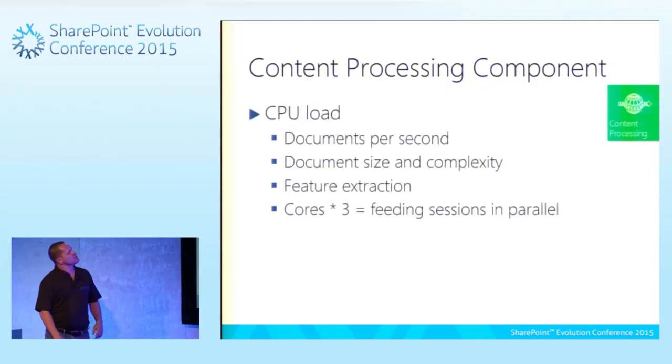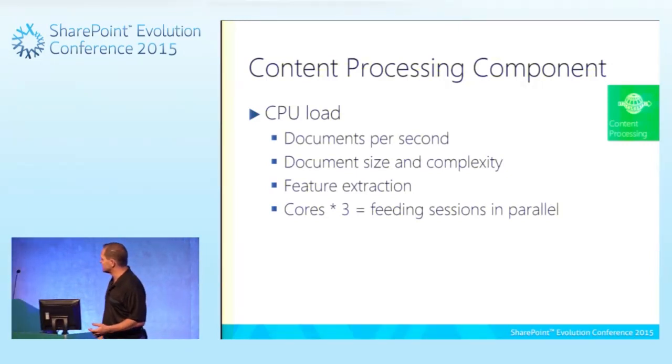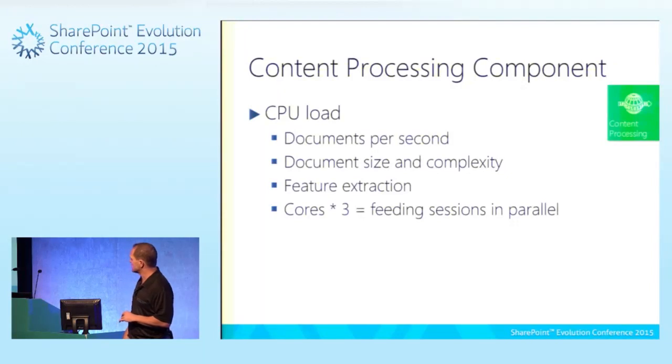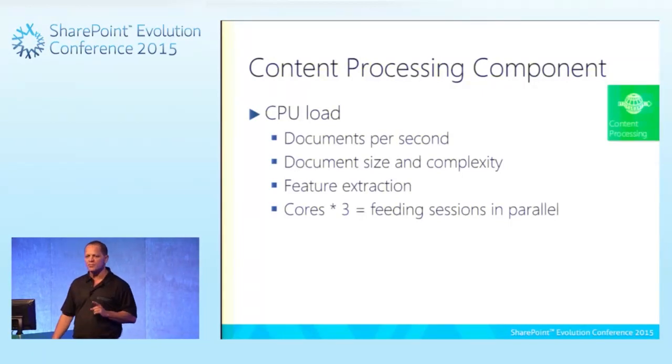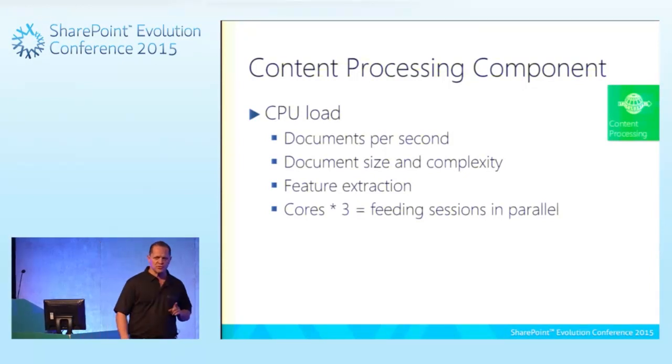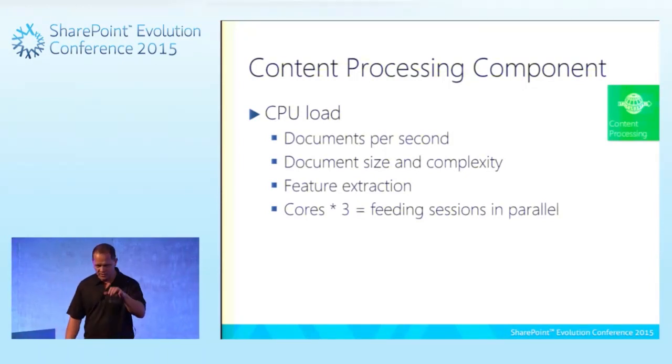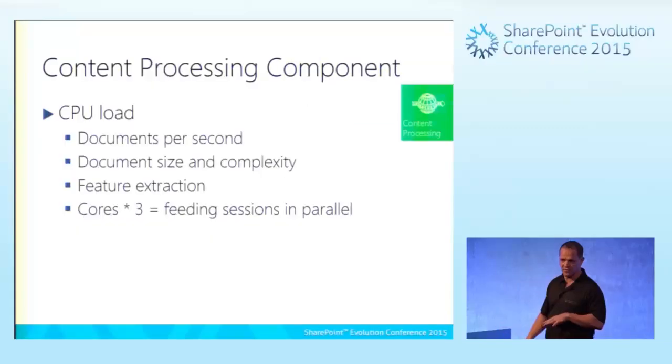Right, so if we look at content processing, again, CPU load, we're looking at documents per second, document size, their complexity, and feature extractions. And this nice little one is a new one that I actually found. The number of cores times 3 will give you the number of feeding sessions for the content processing component. So the content processing component will load multiple parallel sessions to feed the content, but it's the number of cores multiplied by 3 that gives you that number.